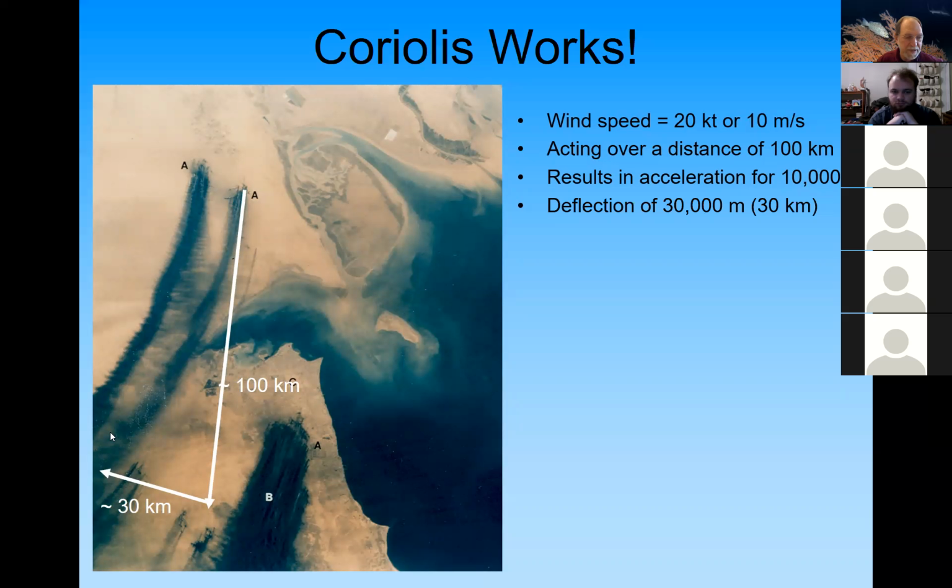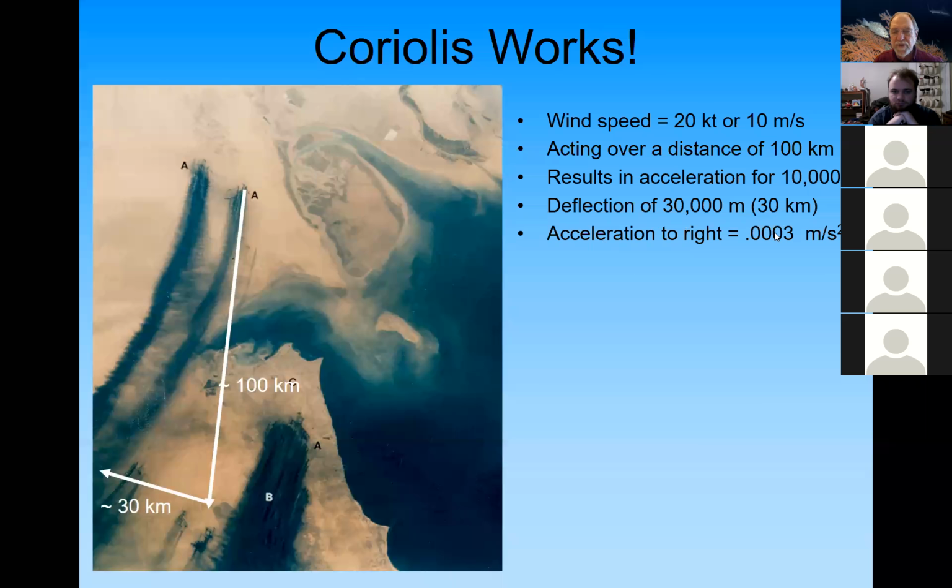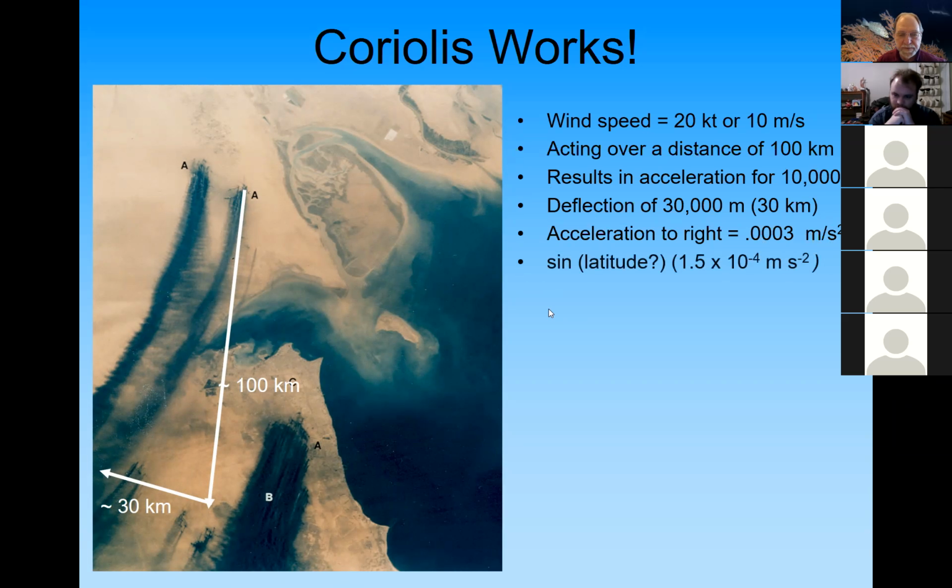So that's approximately what we're seeing here. So there's an acceleration to the right of about 0.0003 meters per second squared. Okay, so that's the acceleration here, and we're just working this out using our principles of vector addition.